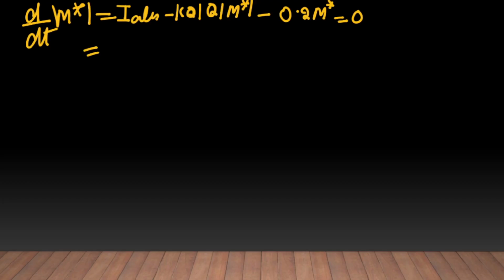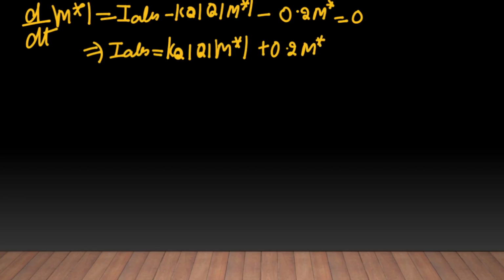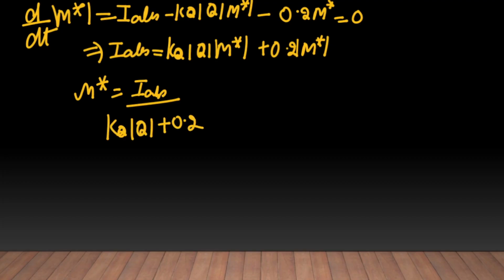So from here we get that I observed is equal to kq times q into the M star, plus 0.2 times the M star. From here, this M star value is going to be equal to I observed upon kq times q plus 0.2.